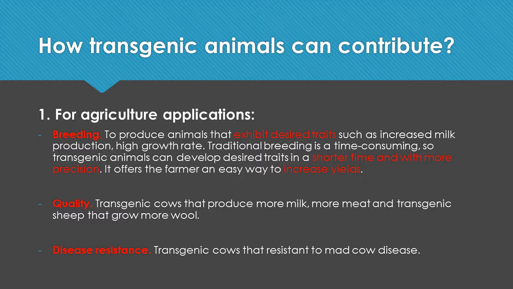Second, quality. The transgenic cows can produce more milk, more meat, and even more wool for transgenic sheep. And also for disease resistance. We can produce a transgenic cow that is resistant to mad cow disease.